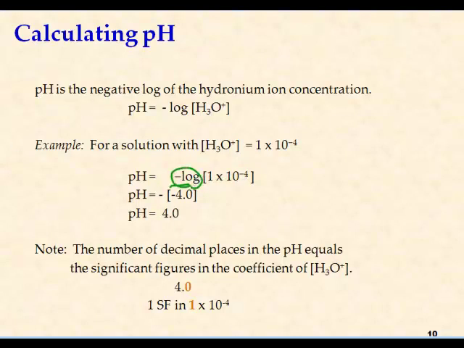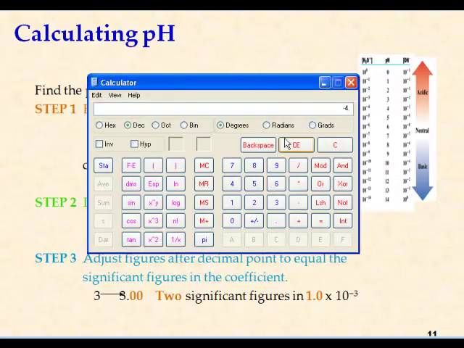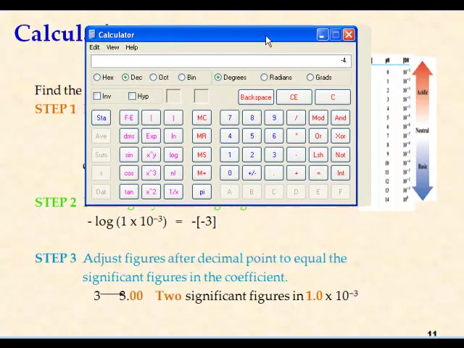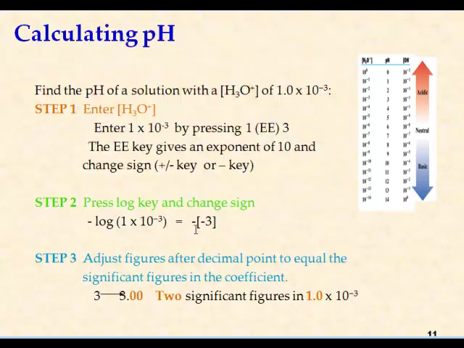So let's look at some other problems that I have solved in here. We'll play with this value here, which is 1 × 10^-3. Again, 1.0 exponent negative 3, hit log, and you get negative 3. You multiply that value by another negative sign to give you a 3.